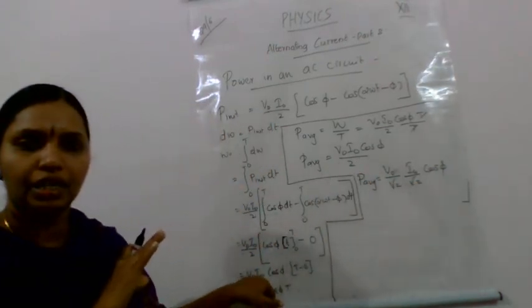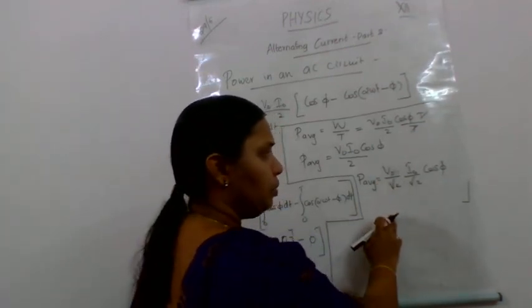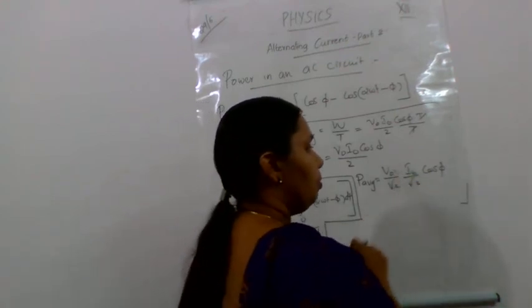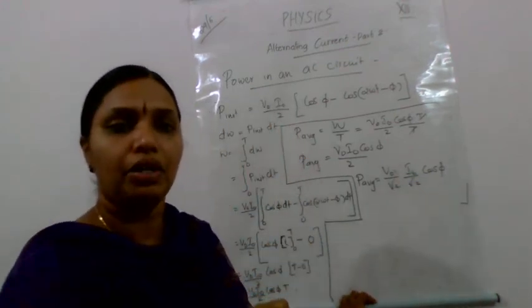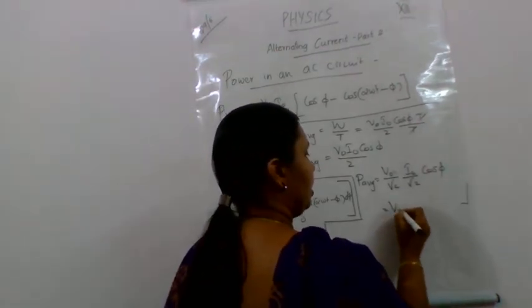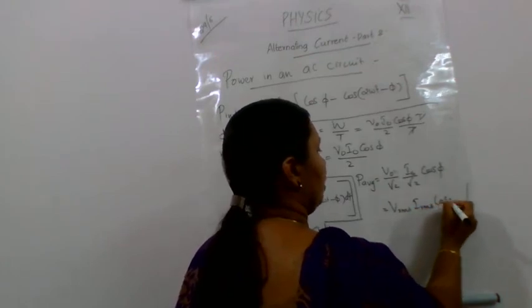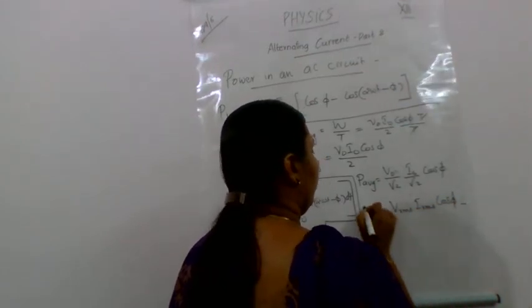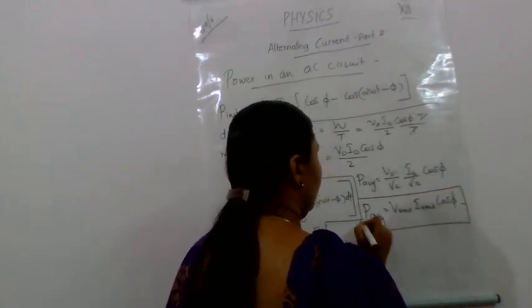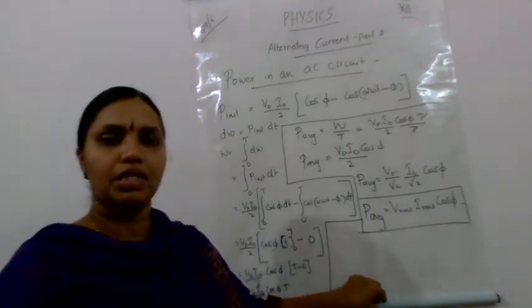Just modifying the equation. We have studied that V0 by root 2 is the RMS value of voltage and I0 by root 2 is the RMS value of current. So we can write it as VRMS IRMS cos phi. So the average power over a full cycle of AC is equal to VRMS into IRMS into cos phi.